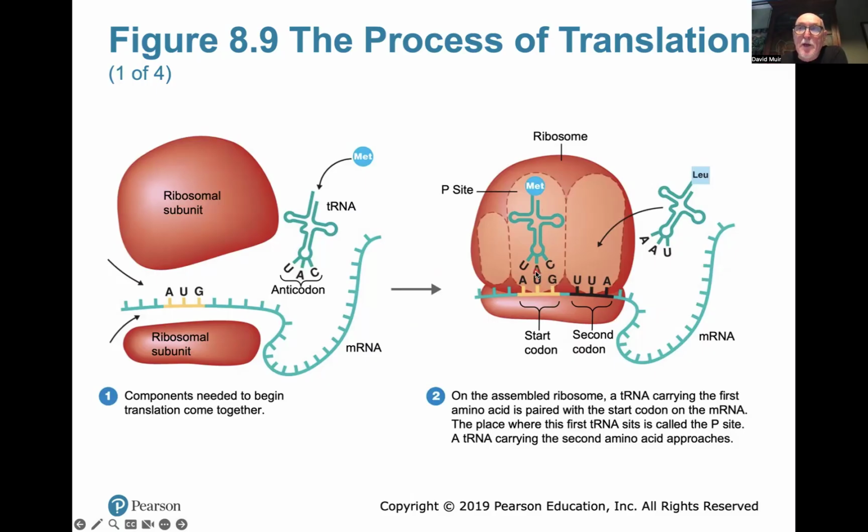Why? Because that is the start, and it's going to call in the very first tRNA, and it's this. Here it is here. In actual fact, I should tell you, the tRNA actually binds there, and then the ribosomal particle binds. But anyway, that's a small detail.